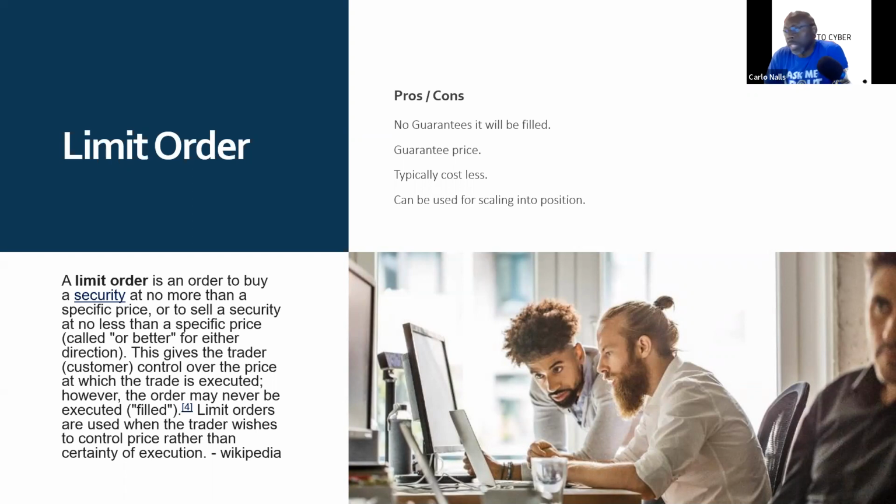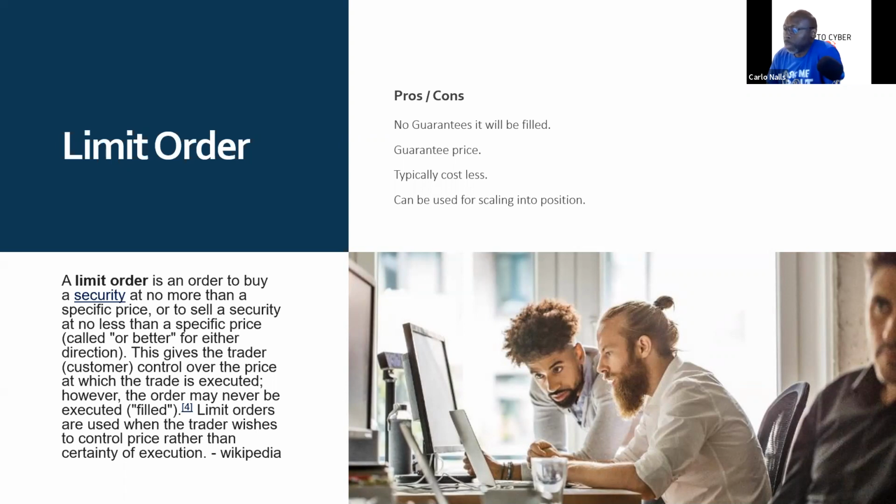So when it says or better, that means the price that I signify or better, depending on if it's a buy or a sell, right? Obviously you always want to sell high, so or better would be a higher price. And obviously you always want to buy low, so or better would signify a lower price. This gives the trader, the customer, control over the price at which the trade is executed. However, the order may never be executed or filled, right?